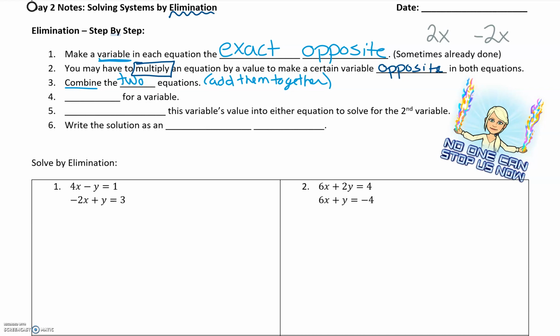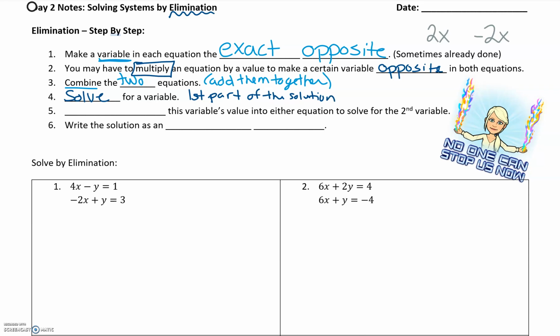Once we've combined them together, we're going to notice that we only have one variable left. So all we're going to do is solve for the variable. This is going to give us the first part of our answer. So I'm going to write this, the first part of the solution.